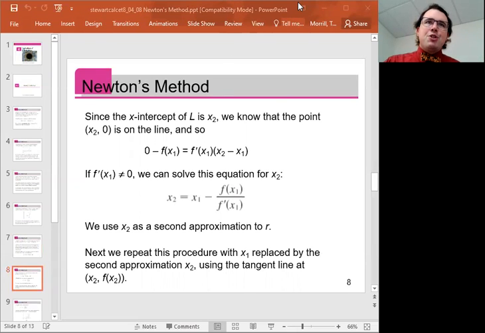But in terms of the picture, if I've got some function with a horizontal tangent line, and I'm supposed to follow that tangent line until it hits the x-axis, a little hard to aim there, never going to happen if my tangent line is horizontal. So I have a geometric reason as to why I can't have the derivative be 0, or rather why this method will not work if the derivative of the function is 0 there.